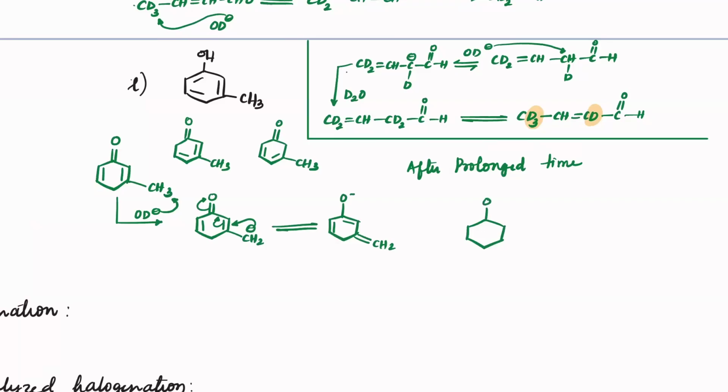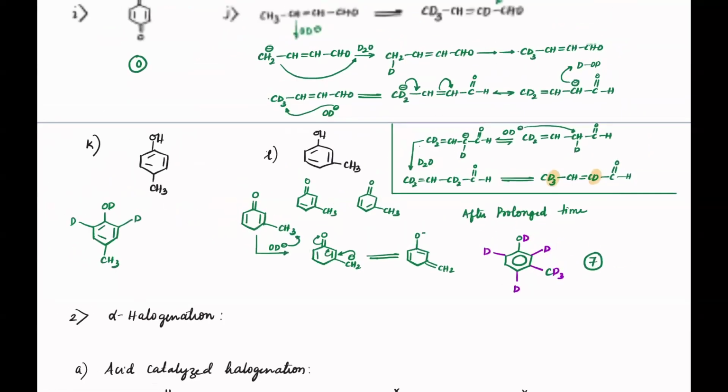So I will get this as OD, okay, D here, D here, D here, and C with D3 here. So this is what you will get as the final product. So how many exchanges did we have? 4 plus 3, 7. So total 7 exchanges have happened. Done.